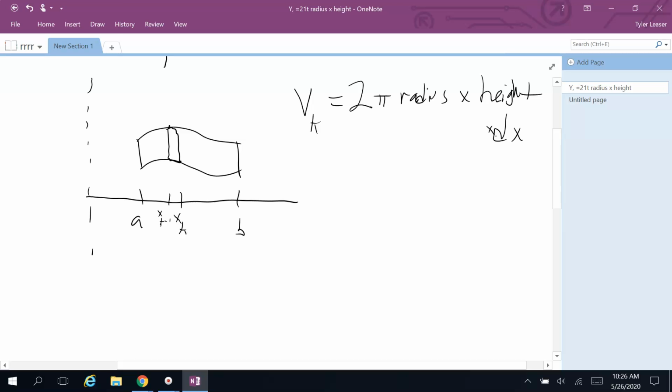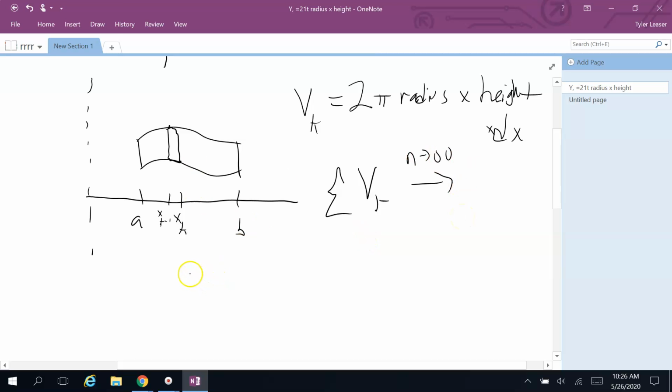Now we add up every possible cylinder and take the limit as n goes to infinity. Whenever you take the limit of a finite sum as it goes to infinity, that creates the integral.